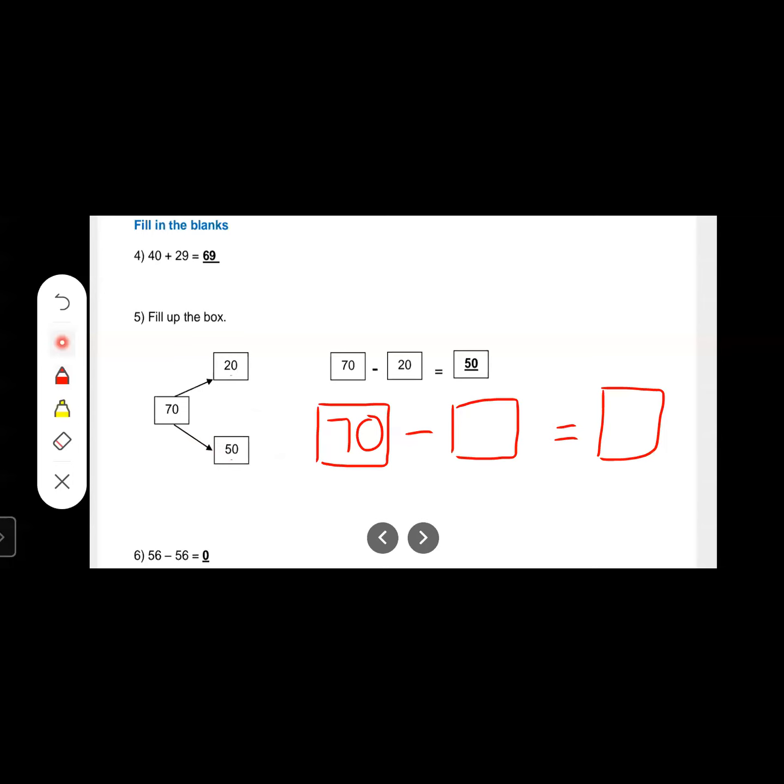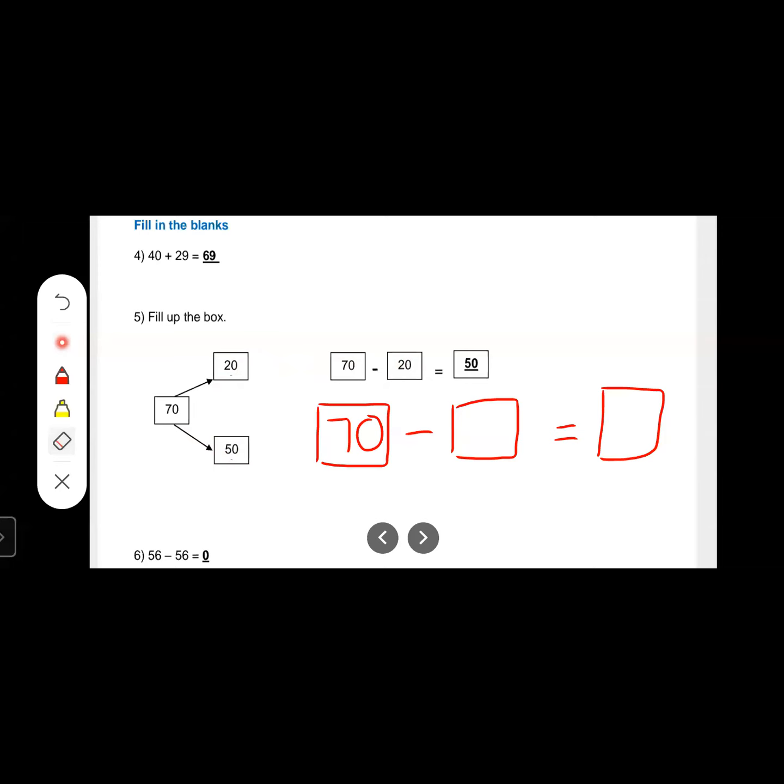From these two numbers, we will take any one number and write first. So here they have taken 20. First number they have taken and wrote in this box. So we will also do that. 20.